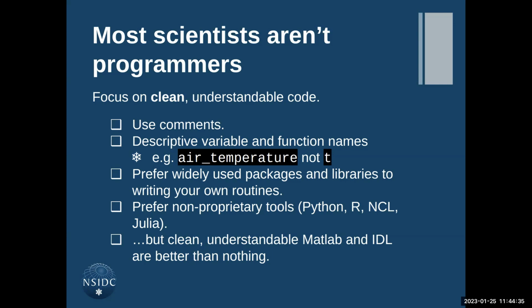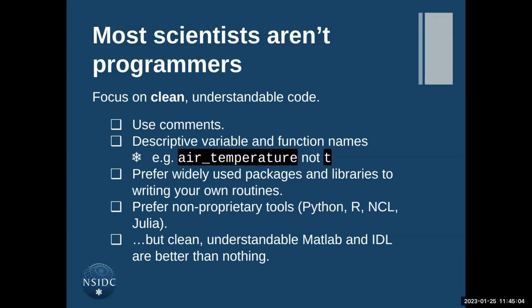I don't think there's a lot of talk about, well, open science means Python, means R, and non-proprietary tools. I think we should prefer those non-proprietary tools and make the effort, certainly for new graduate students, new undergraduate students, even to learn these non-proprietary tools. But I would say that clean, understandable MATLAB and IDL code is better than nothing.